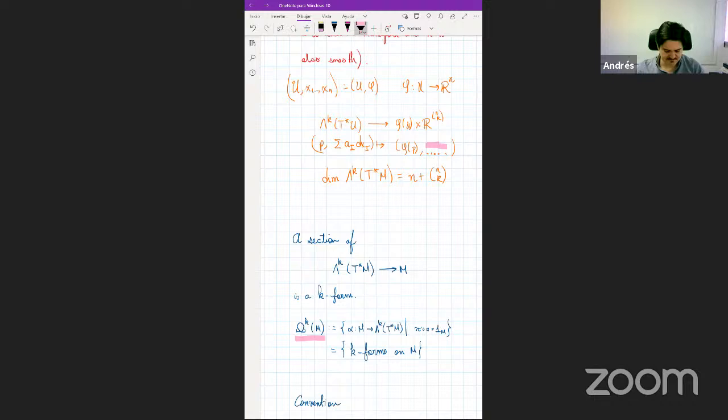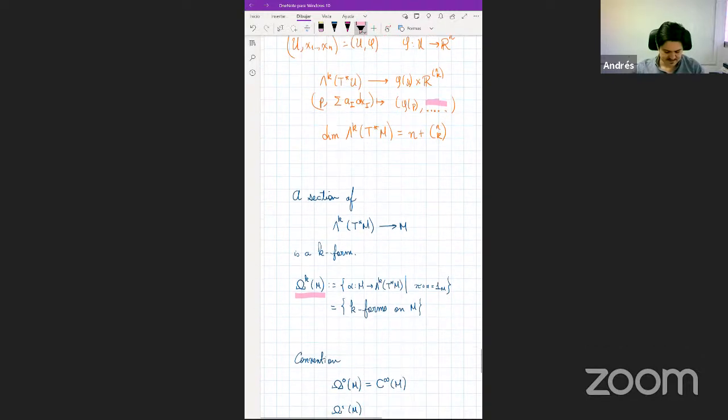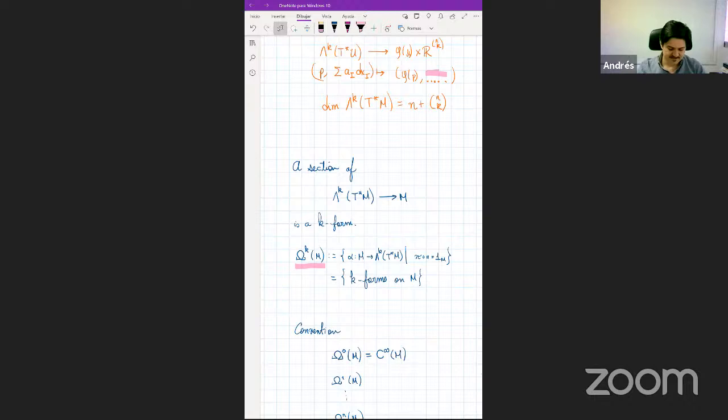Okay, now the convention for this omega, these two we didn't use, and that's what I would like to try to define. Omega 0 is just the space of smooth functions, okay? Omega 1 is the set of sections of the cotangent bundle. And then omega 2, two forms, and so on.